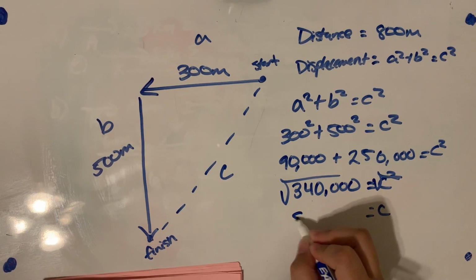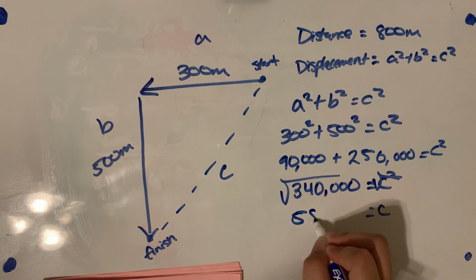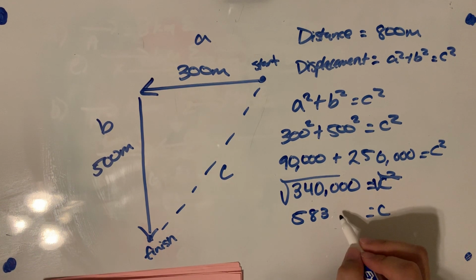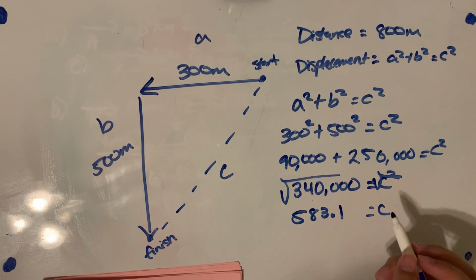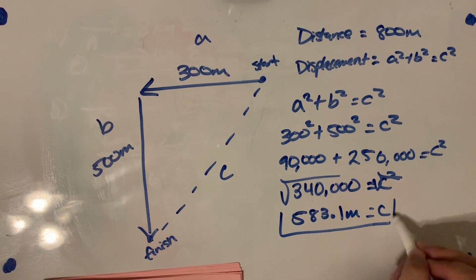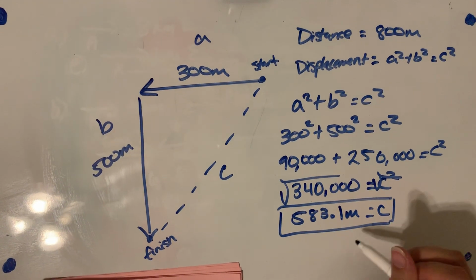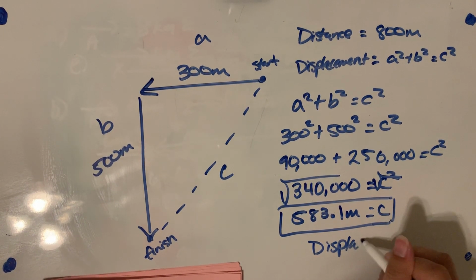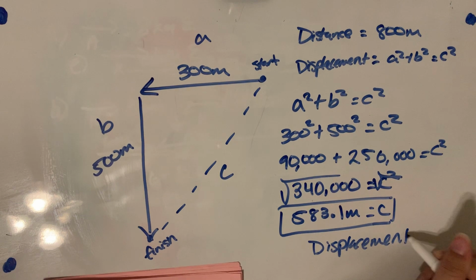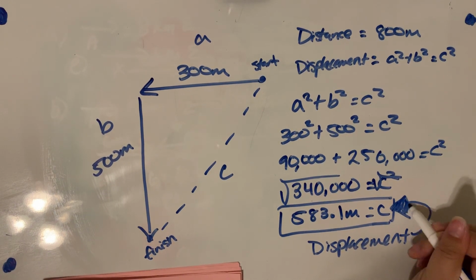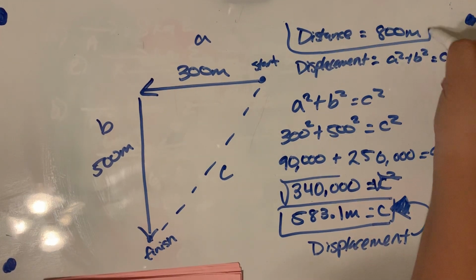So you should get 583.09, we're gonna round it to 583.1, okay, meters. That is my displacement. Displacement, that is what I get. And here's my distance.